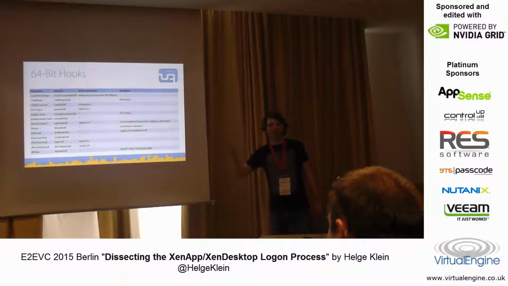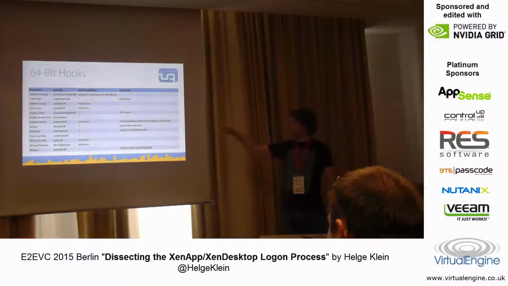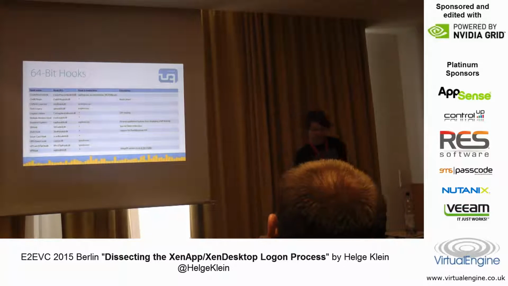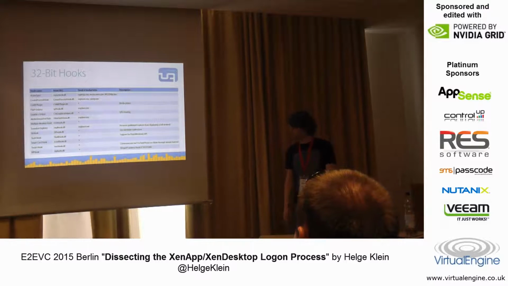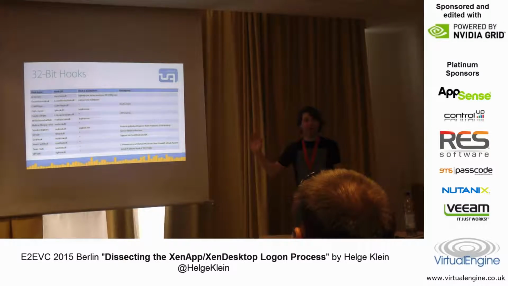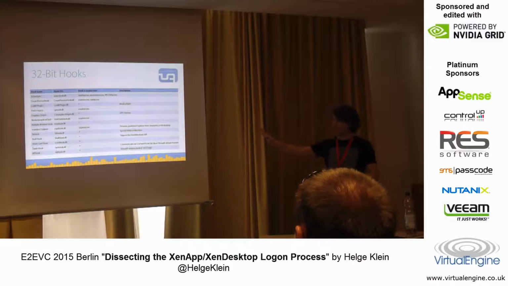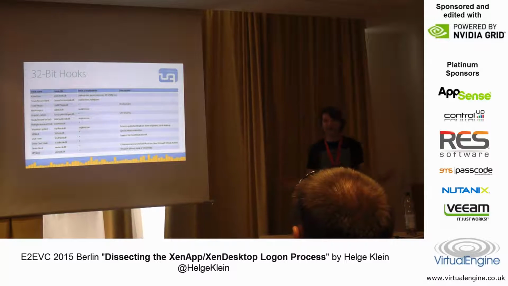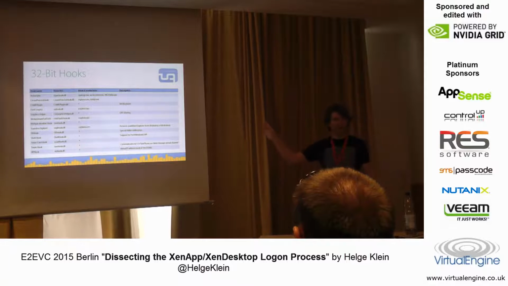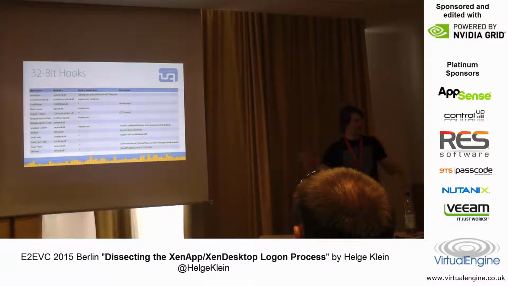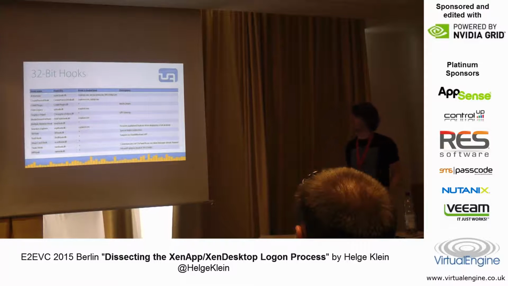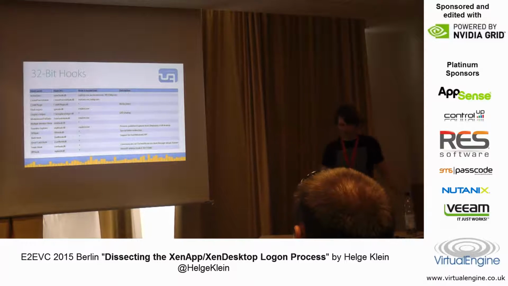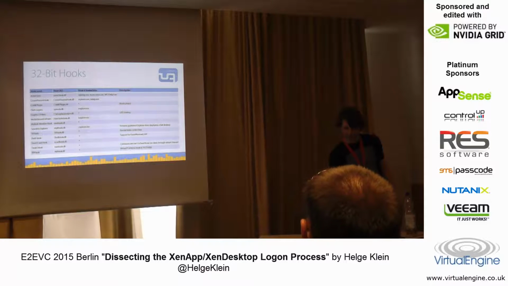There's a difference between the hooks that are loaded into 64-bit processes, those are listed here, and the hooks loaded into 32-bit processes. And I'm very much aware of the fact that you can't process this table in its entirety right now. I'm going to blog all of this, explain it in more detail, and put it on the net so Google finds it, and hopefully that will be helpful to you or to other people.